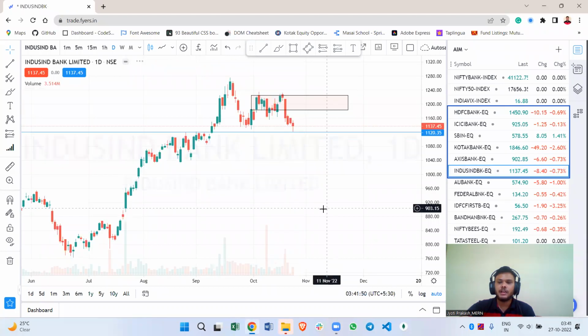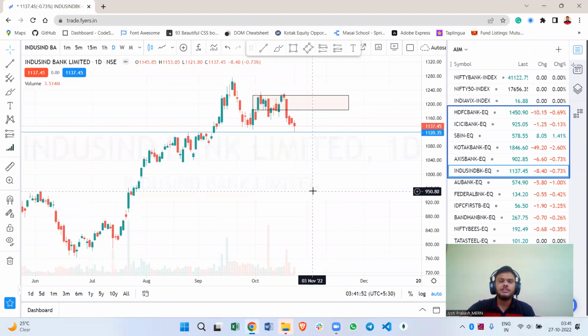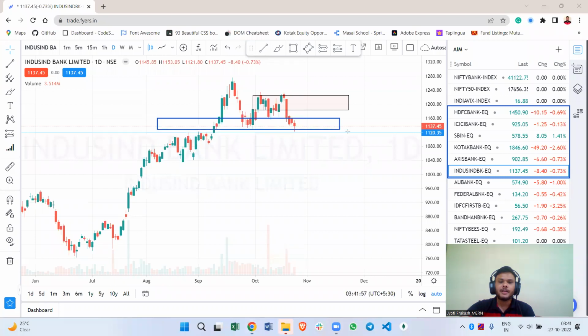Now let's look into our last bank, which is IndusInd Bank. Here you can see that IndusInd Bank trades around that support level, and if the market opens flat or opens gap down, and it closes below 1120, then we're going to take trade for selling, and our target will be round level 1100. Then we can set our next target to 1080.